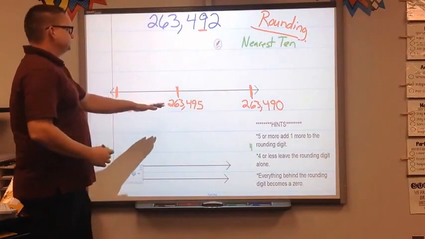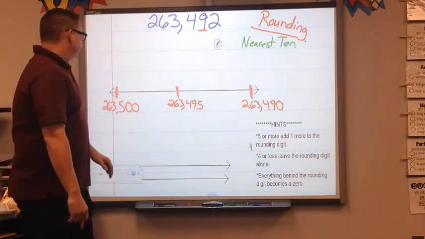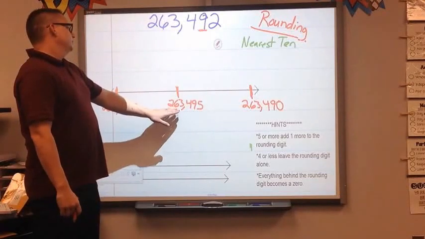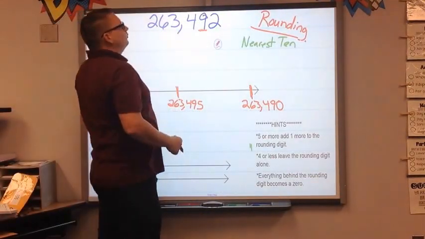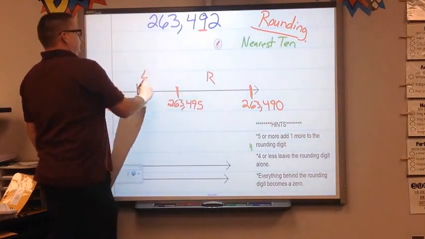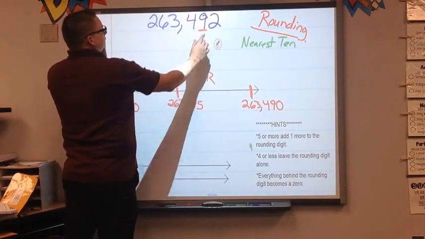Alright, so that's my middle. So my endpoints are 263,490 to 263,500. And my middle is 263,495. So now we just need to decide where that number goes. Does it go over here to the right, or does it go over here to the left? Well, let's see. Where would you put basically this 492 part?